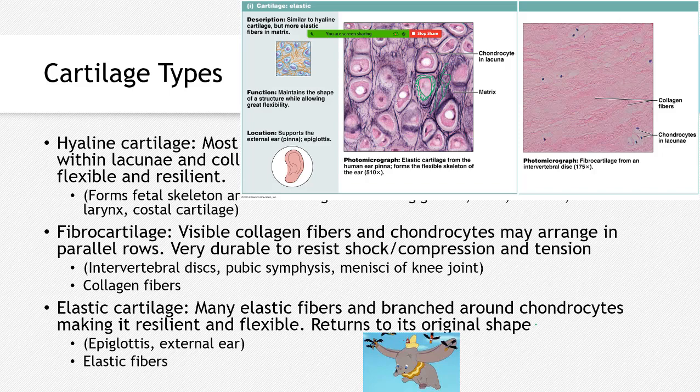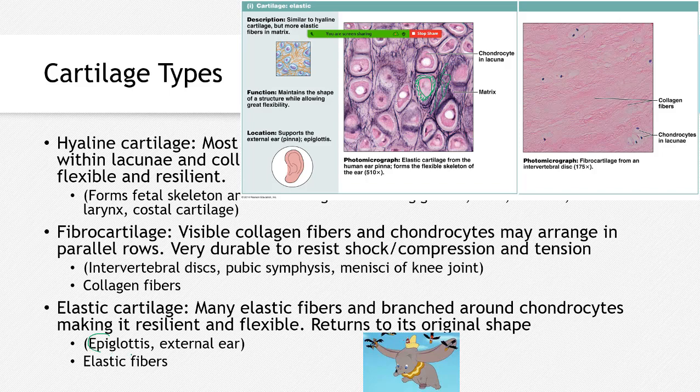If you take a look at where it's found, it's in the external ear. When we talk about the external ear, this is the ear, so you can play around with your ears, and once you let go, they return back to their normal shape and size. It is also found in the epiglottis.